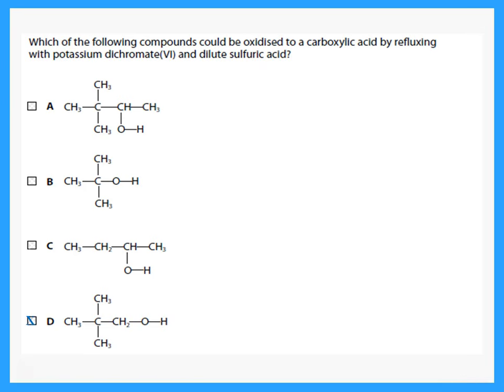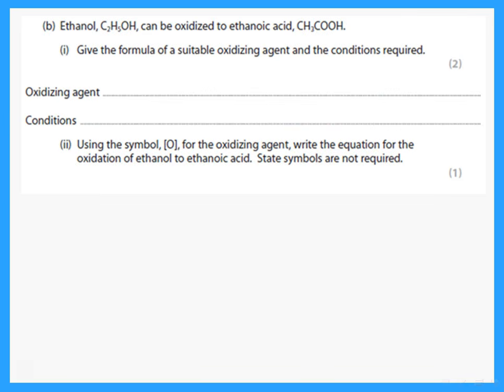So of course, if you look at D, D is a primary alcohol. A is a secondary. B is a tertiary alcohol. C again is a secondary. D is the only one that is a primary alcohol, and we said if you oxidize primary alcohols, they will eventually give acids.